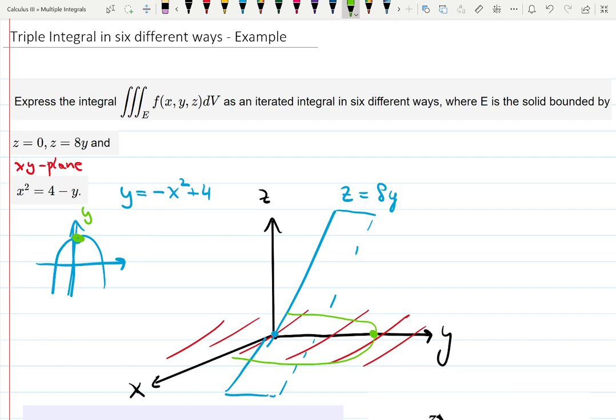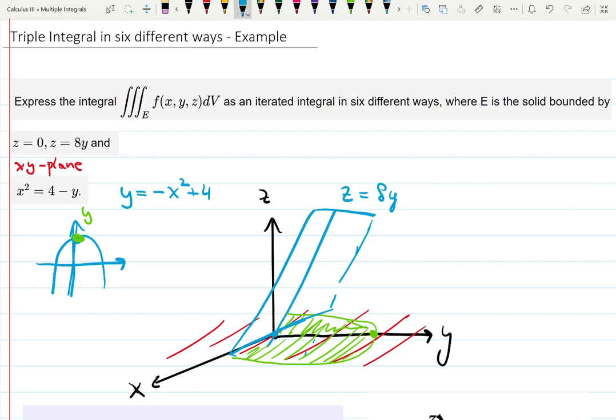The parabola will make the floor on the z equals 0 plane, and then this blue plane. Now we don't need the negative part of it because 0 already fixed that we only go up. The parabola makes it like so, and then there is a plane. The plane is going like so, right?